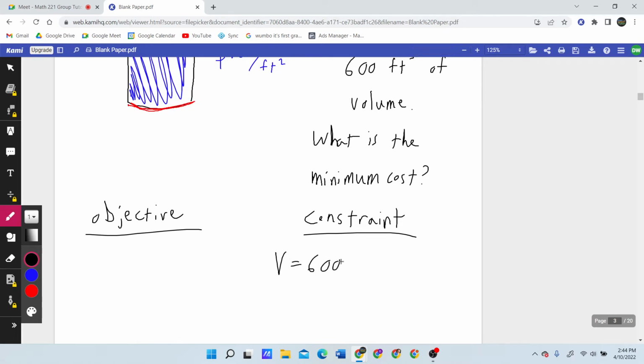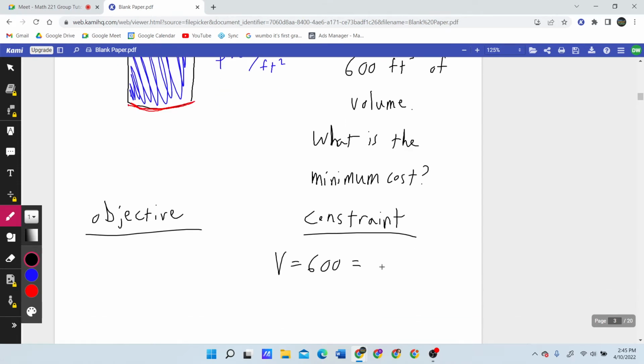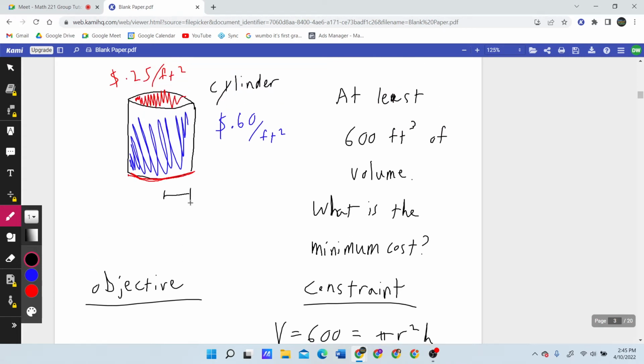So volume equals 600, and now I need to remember what the volume of a cylinder is. I'll be honest, I don't know if your professor will give you the formula for a cylinder on the quiz or the test. Obviously, if you think they will give it to you, you don't have to memorize it. But if you're unsure and you want to be on the safe side, you can memorize this equation. Volume of a cylinder is equal to pi r squared times the height. Let me give some dimensions here.